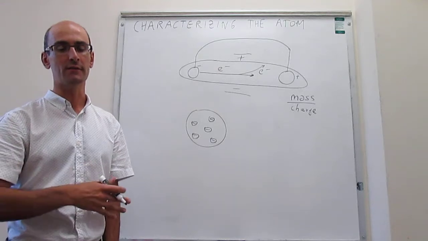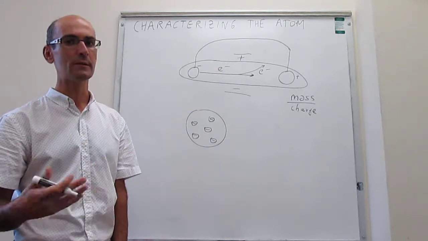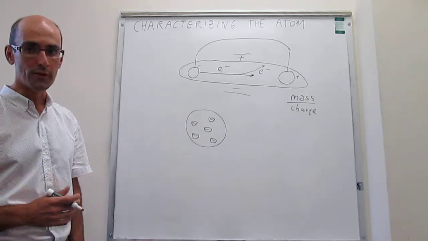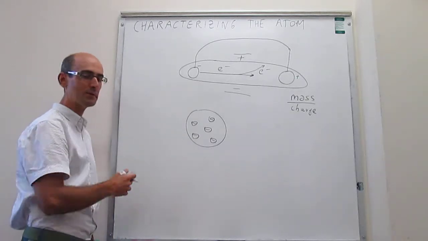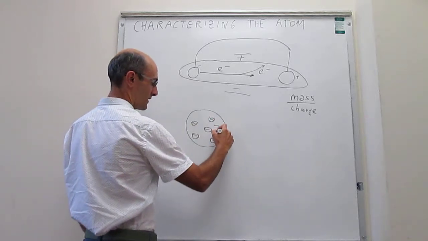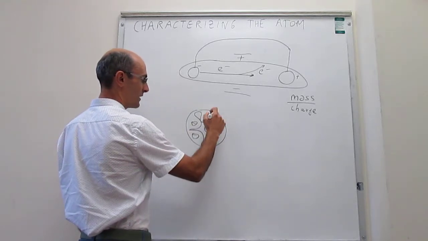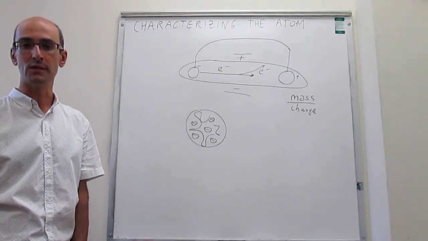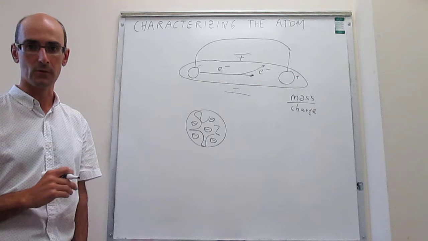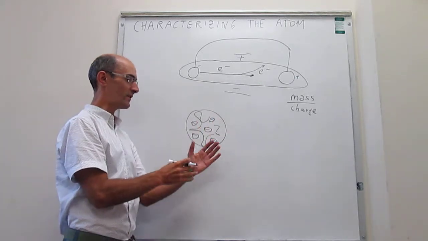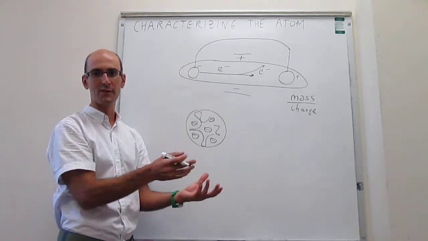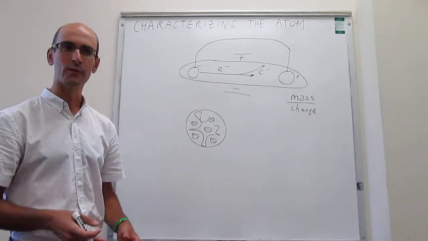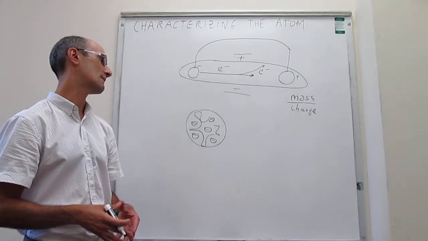So if you have negative particles, there has to be a positive charge so that overall you don't have any charge at all. In this plum pudding model, the positive charge should be somewhere around in a diffuse way, so that overall you have exactly the same size of positive charge as of negative charge. Of course, this is a cross-section. In reality, an atom should be a three-dimensional object, likely spherical. That's where the plum pudding model comes from.